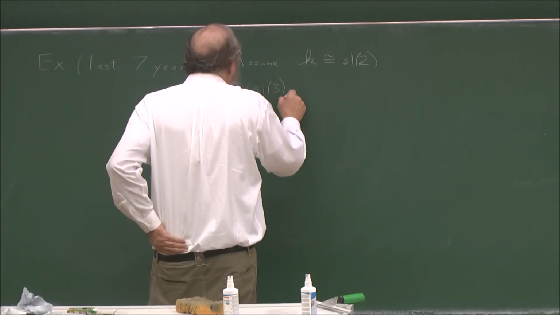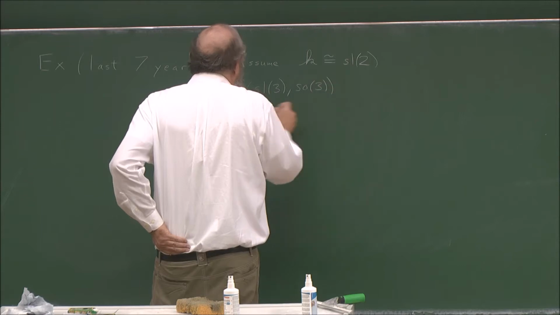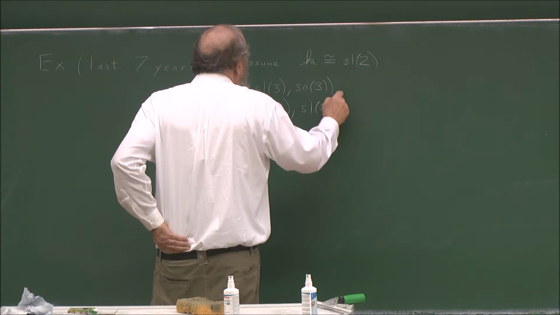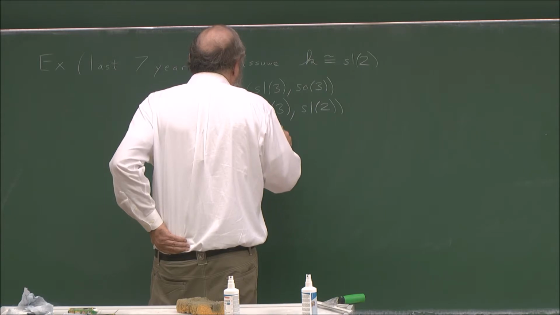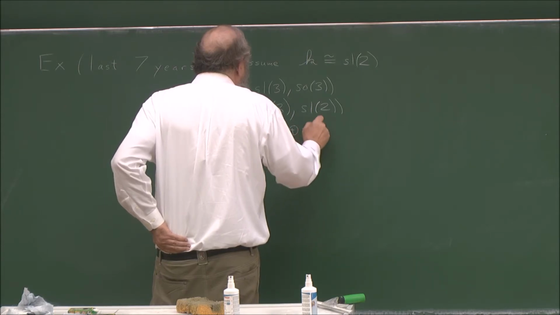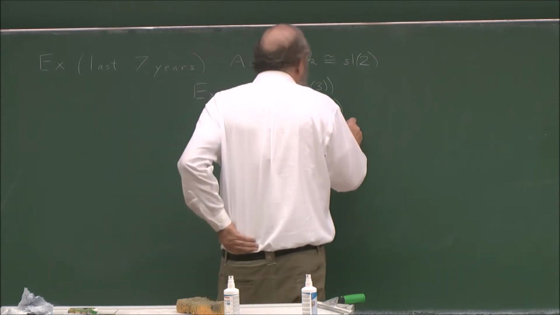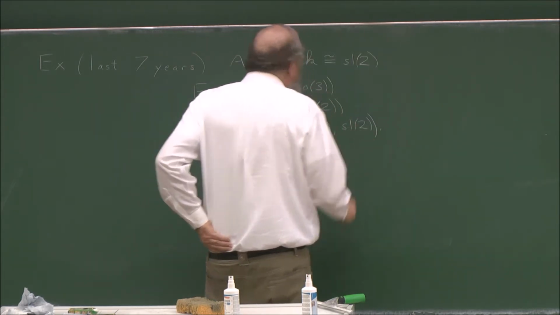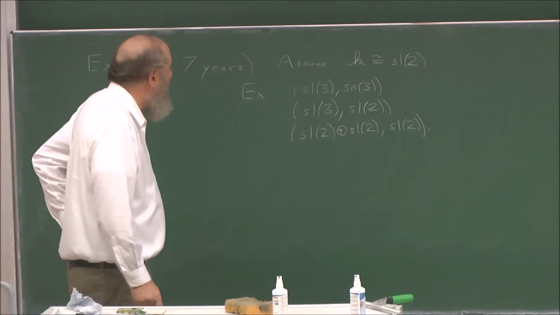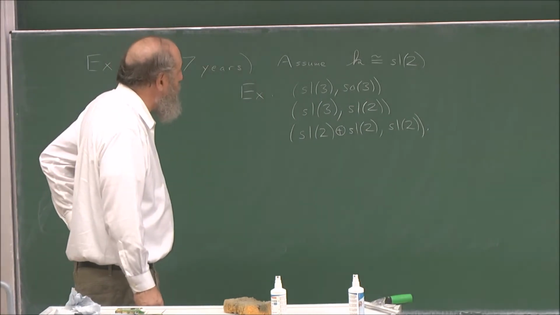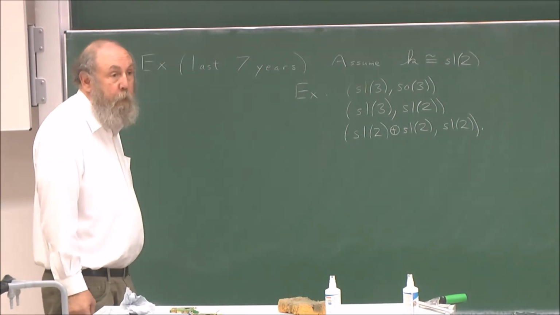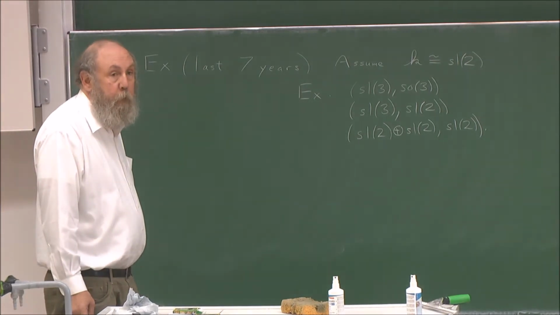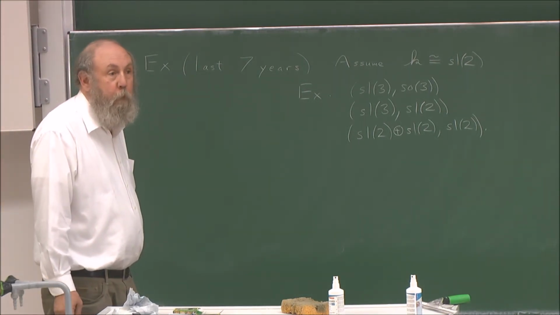SL3, SL2, and I can talk about SL2 direct from SL2, SL2. So I'm writing down pairs, G and K, and if I understand the classification, these are the only symmetric pairs where the K is isomorphic to SL2.